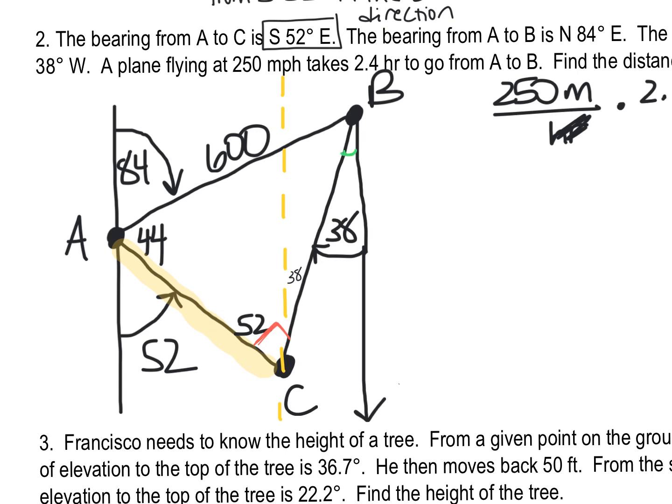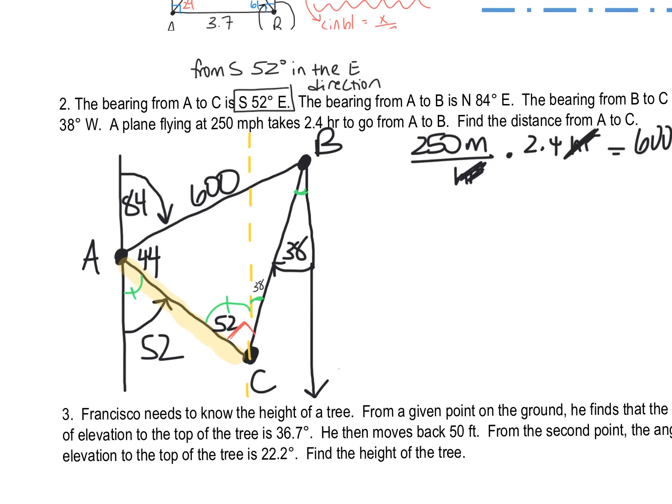This angle and this angle are alternate interior angles. Furthermore, this angle and this angle are alternate interior angles. So if you remember that from geometry, the trick to this bearing problem, which again, I told you this one was a more complicated one, is to construct that line through point C so that it's parallel to your other north-south lines so you can fill in some more angles.